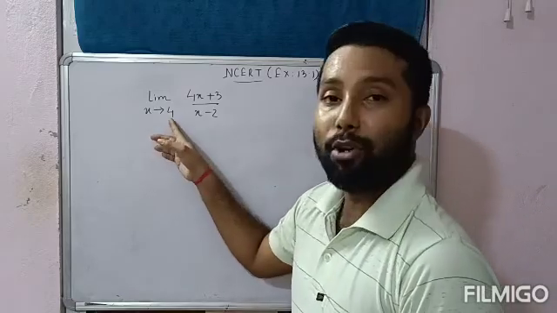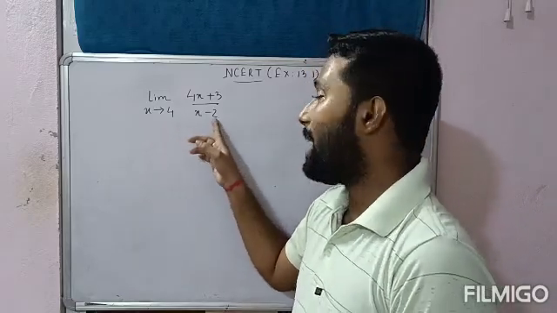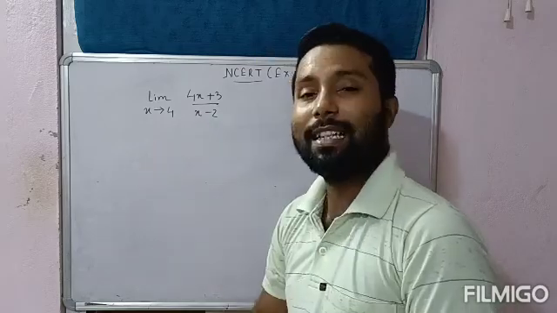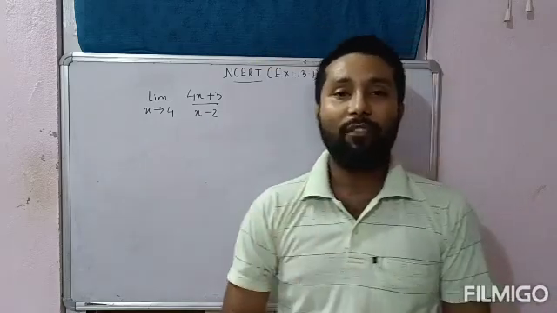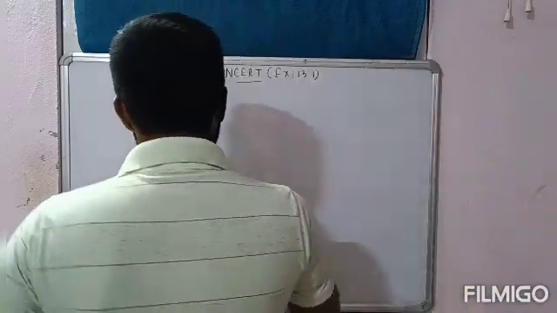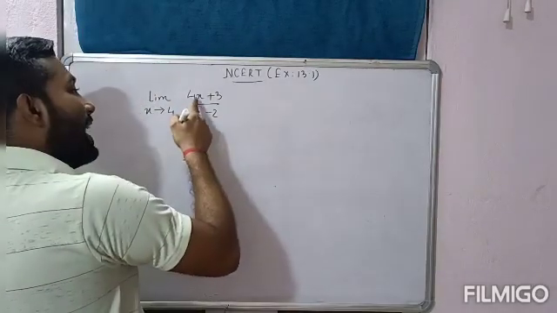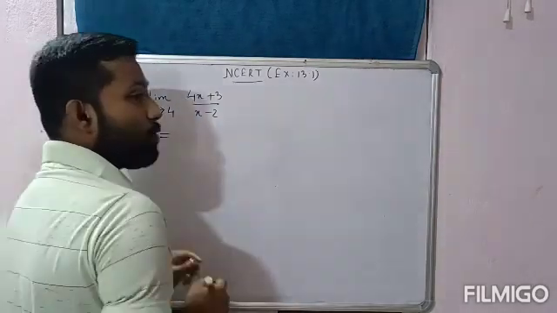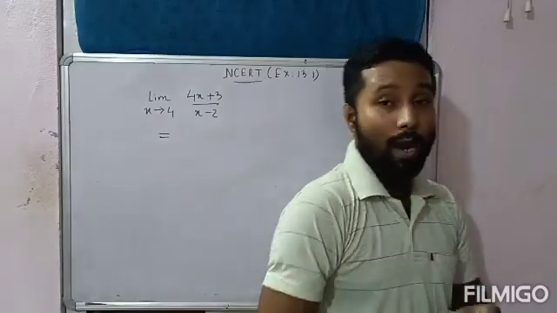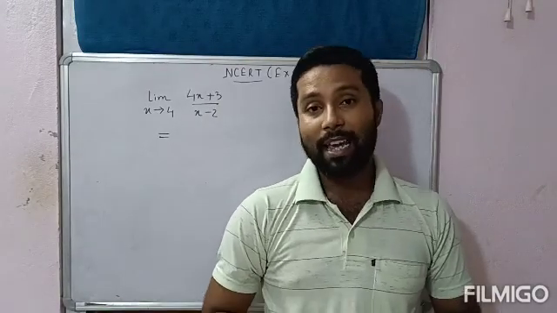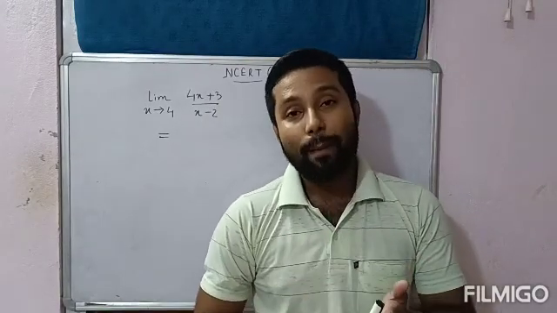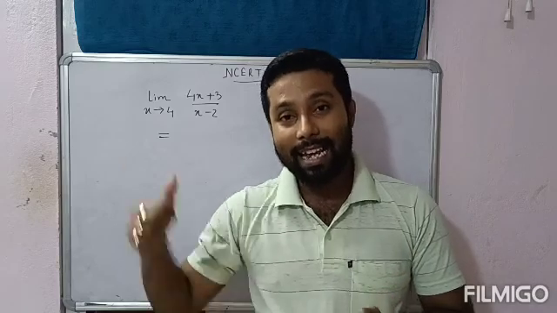So since here x approaches 4 is given, 4 minus 2 is 2. Yes, definitely we can say that it is a definite value only, right? So therefore it is confirmed that we can directly substitute the value of x here. Working rule number 1. Working rule number 1 में क्या बोला गया था कि put x approaches a. Here a is 4.